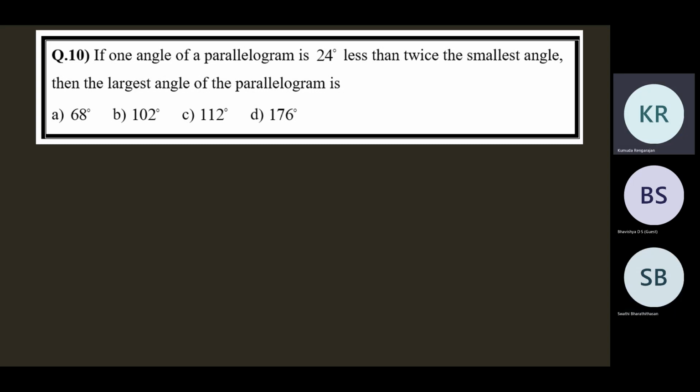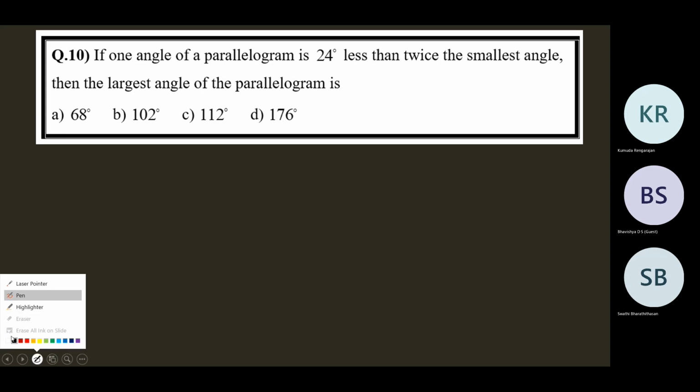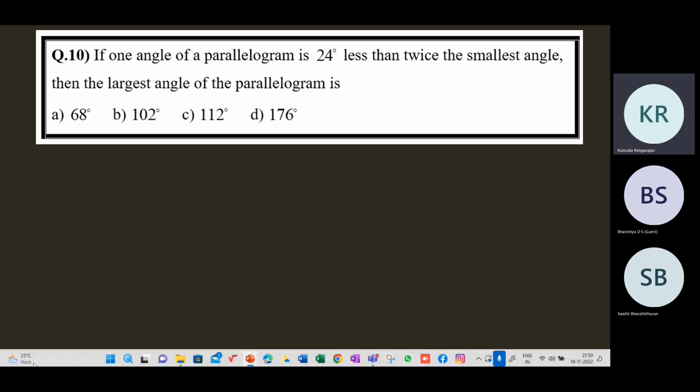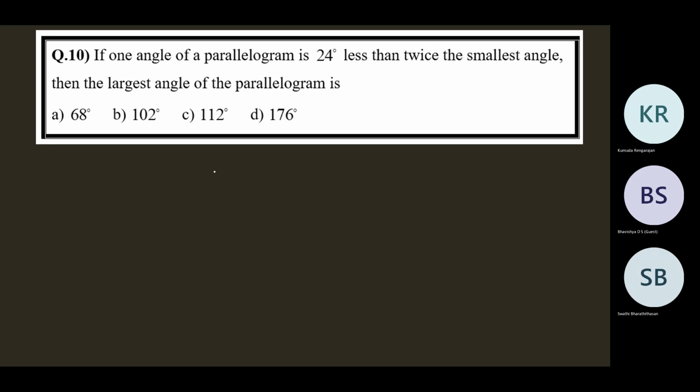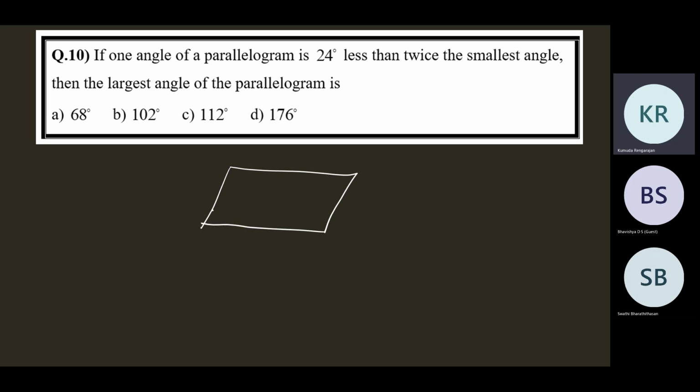If one angle of a parallelogram is 24 degrees less than twice the smallest angle, then what is the largest angle of the parallelogram? See, in a parallelogram, opposite angles are equal.